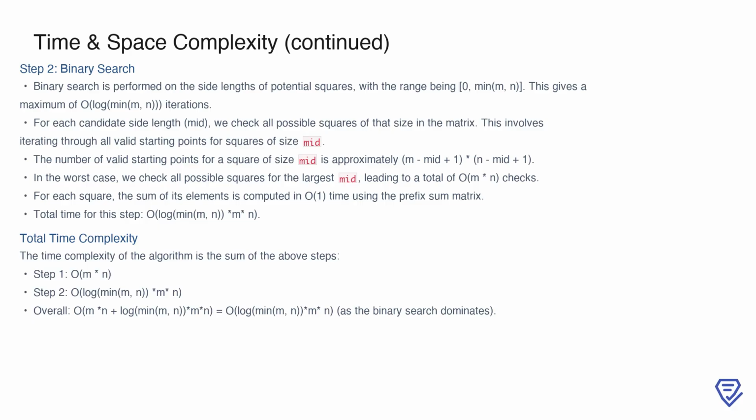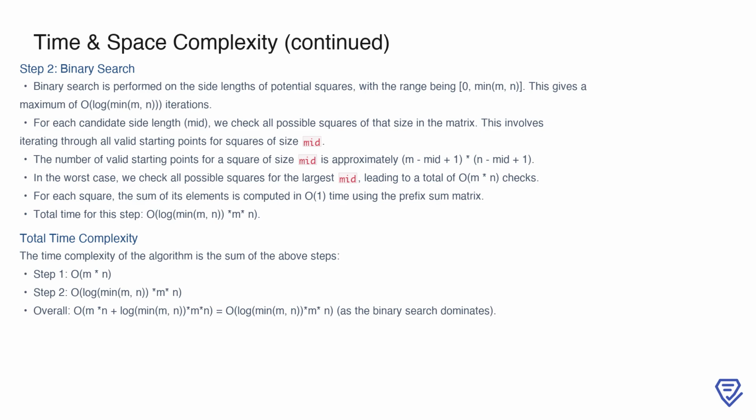The number of valid starting points for these squares is approximately (m - mid + 1) * (n - mid + 1). In the worst case, this results in evaluating all potential squares for the largest side length, leading to O(m * n) checks. Since we use the prefix sum matrix, calculating the sum of any square is done in constant time. Overall, the time complexity of this step becomes O(log(min(m, n)) * m * n).